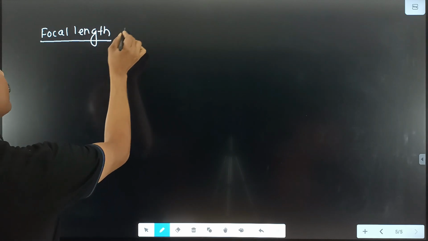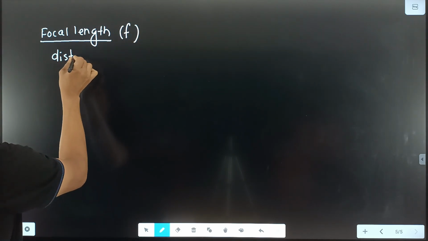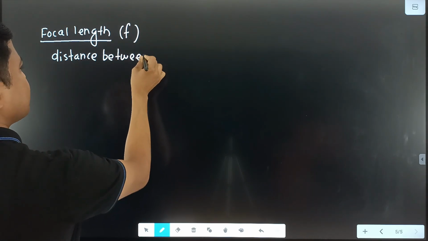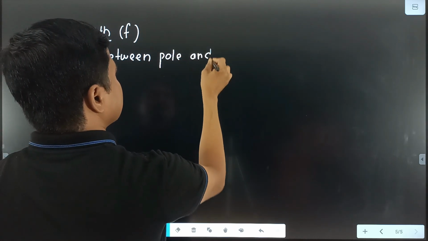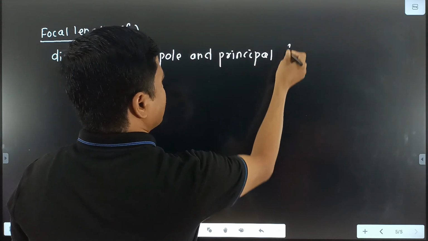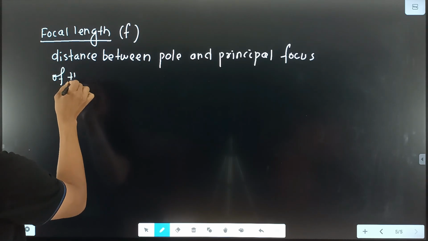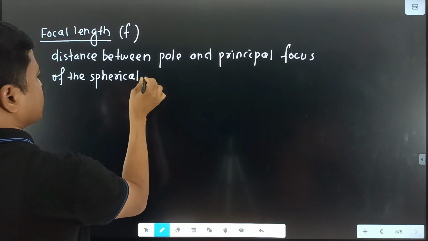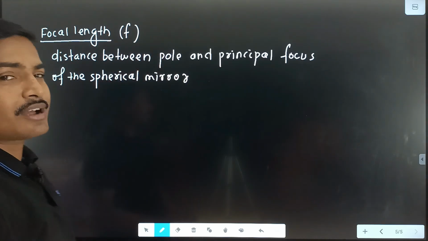For focal length, we write small f, or simply we write the distance between pole and principal focus of the spherical mirror is known as the focal length.